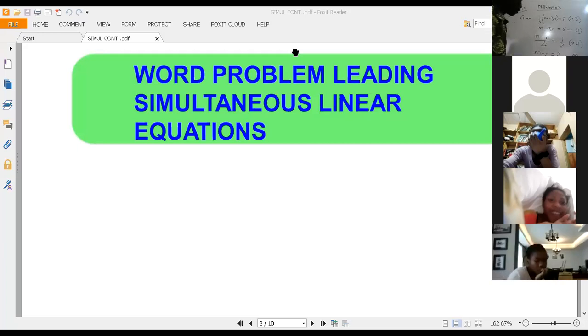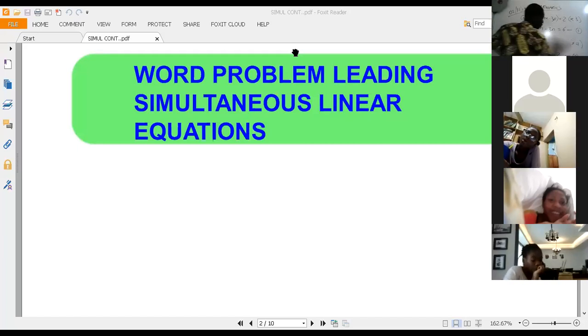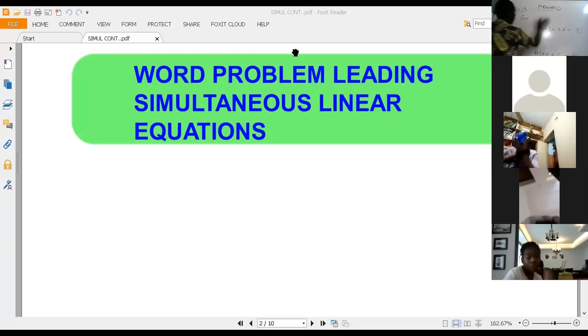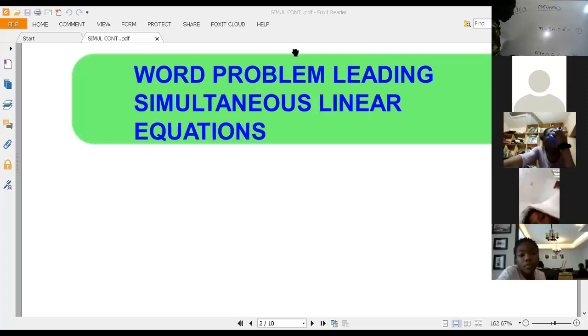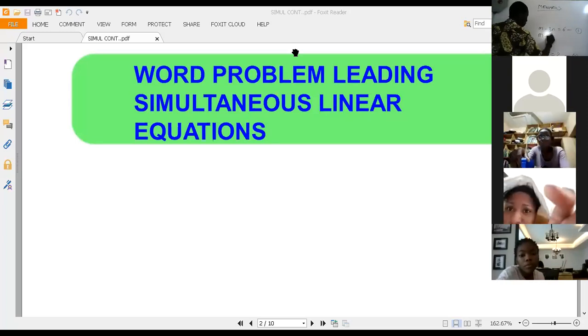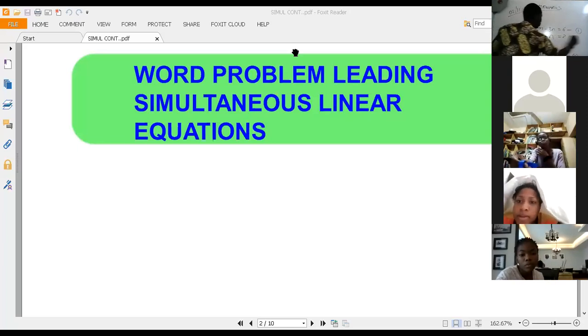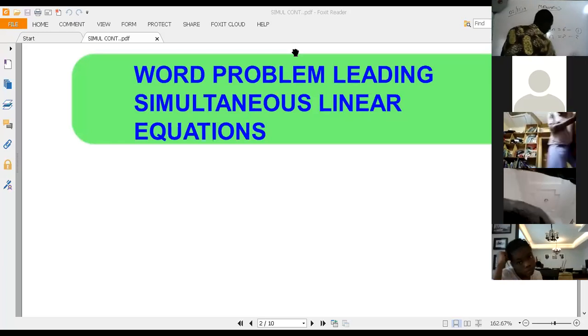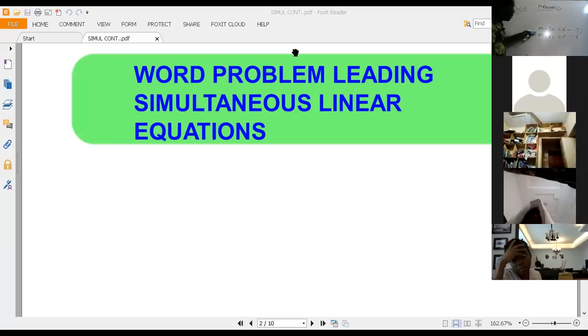Now we consider equations 1 and 2. When you look at both equations, it's very easy for us to eliminate m.